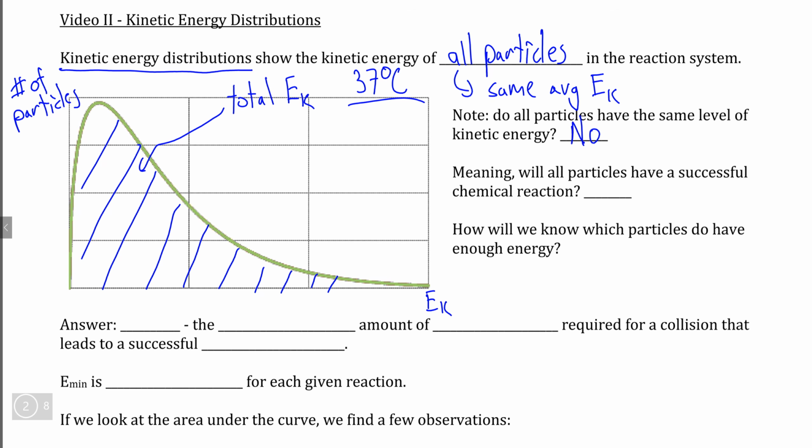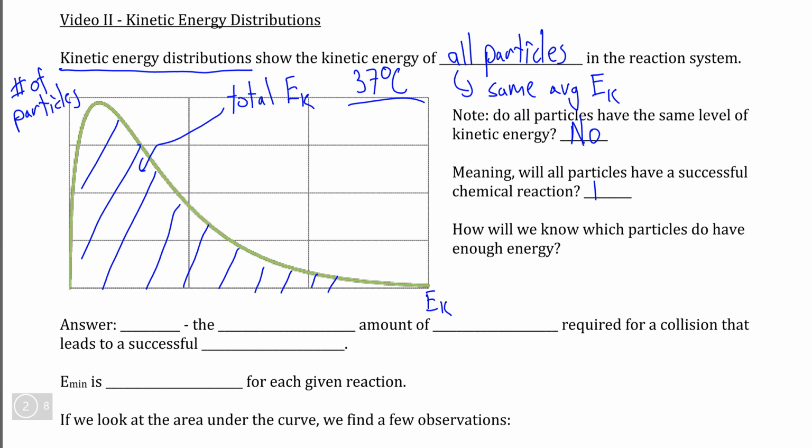Now, what this means is that even though a reaction is possible above a certain temperature, let's say that the reaction in this system is perfectly possible at 37 degrees Celsius, because not every particle has the same kinetic energy, can all particles react successfully?